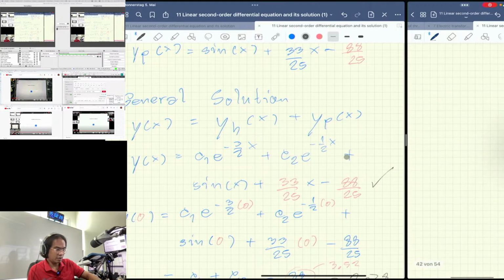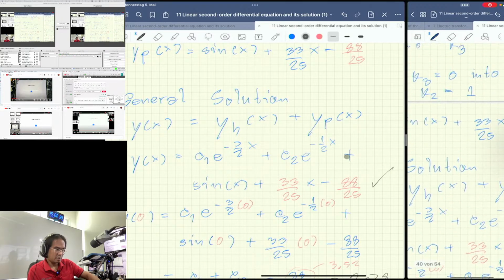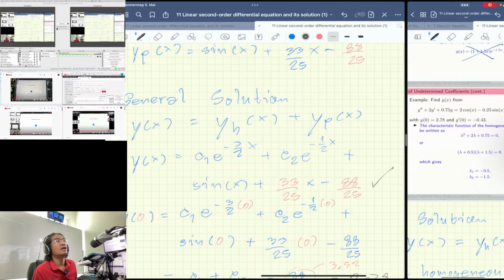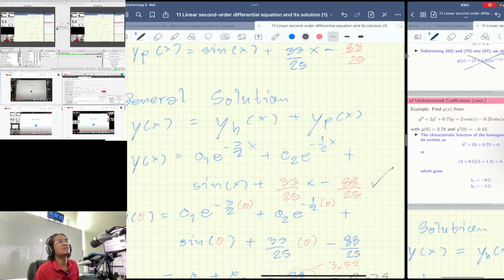And if we put the initial condition too, let me send you the link first to check how the solution is.